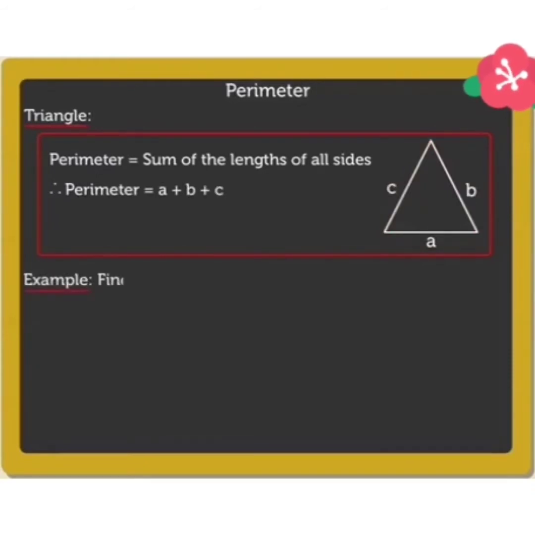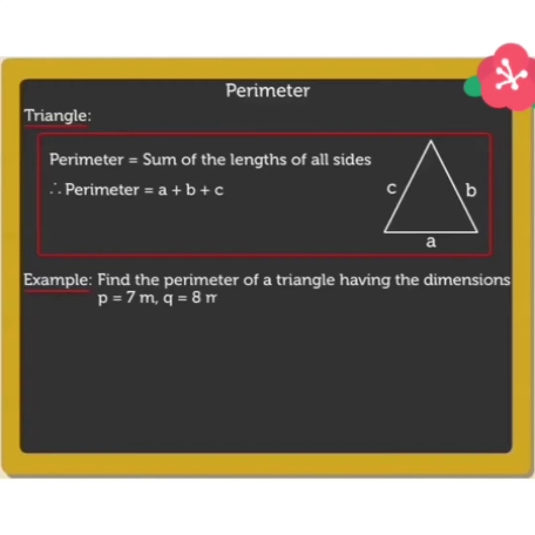Example, find the perimeter of a triangle having the dimensions P is equal to 7 meters, Q is equal to 8 meters and R is equal to 10 meters.